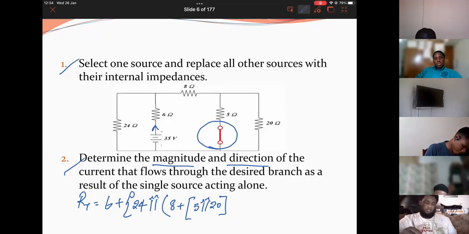And 5 in parallel with 20, that's 100 over 25. So that's 4. 8 plus 4, that's 12. 12 in parallel with 24, that's 8. And 8 plus 6, that's 14. So we are expecting 14 ohms.